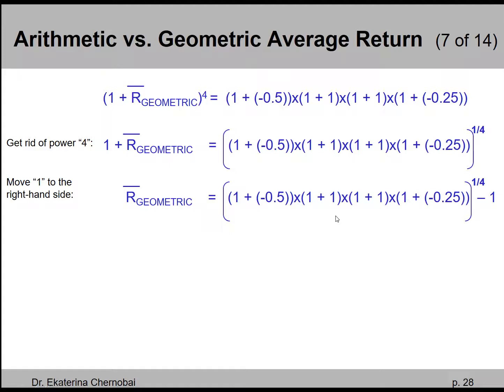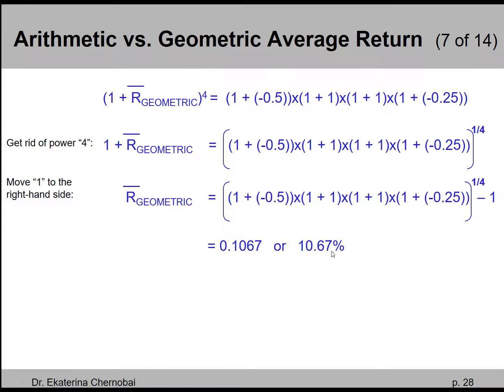The rest, plug and check, calculate the answer to this complicated term. And if you do it right, maybe it will take you a little bit of time, you should get 10.67%.